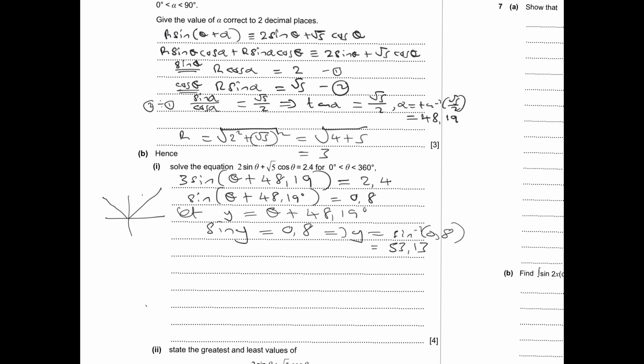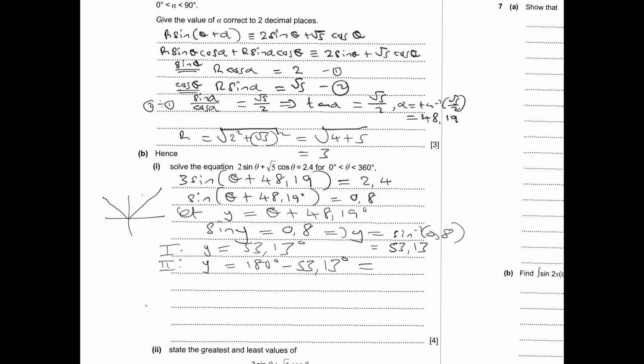So in the first quadrant, we could say y is equal to what? 53.13. All right. And then in the second quadrant, we know that y is equal to 180 minus the basic angle, which is 53.13. What does that give us?